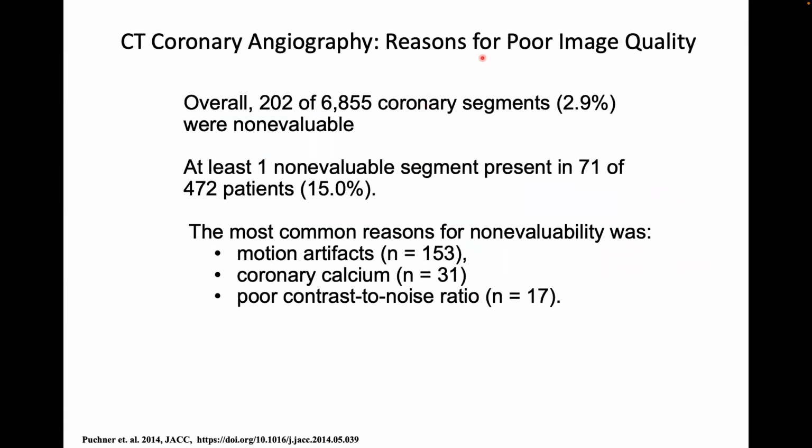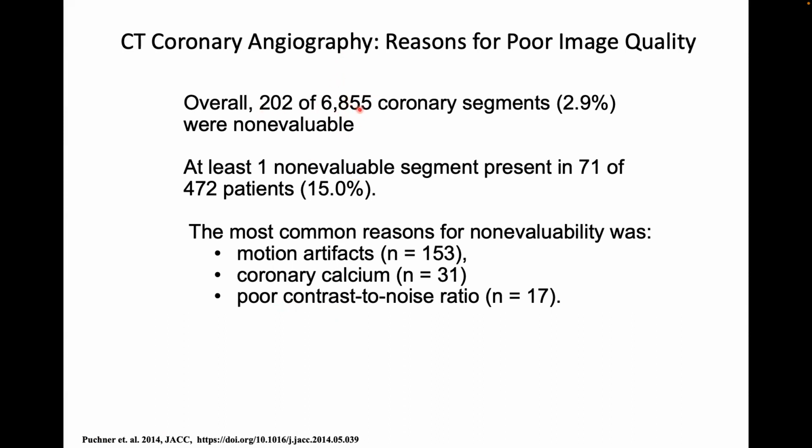So, reasons for poor image quality. You have these studies where they've got thousands of coronary segments. In this one, they had 7,000 coronary segments that they were evaluating. When they looked at the picture and saw a lesion and said, we can't tell you the details of this lesion, there weren't that many in this data set, right?